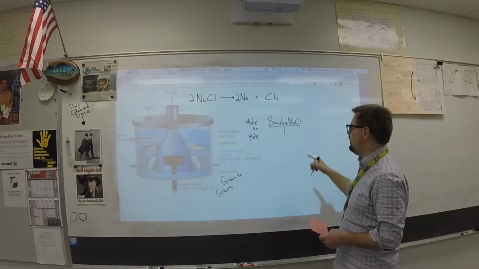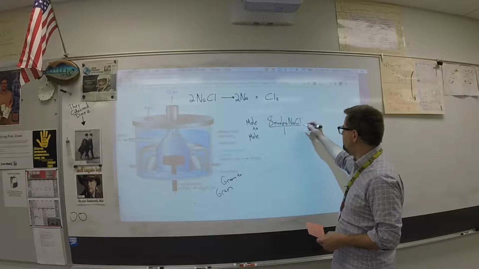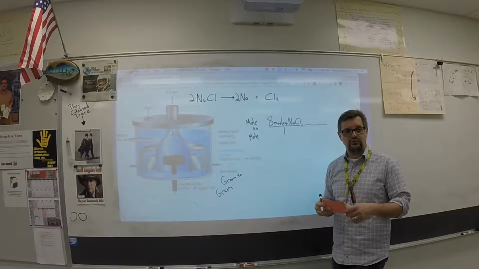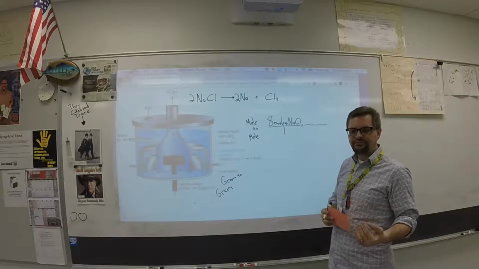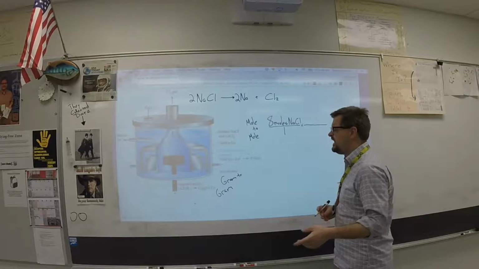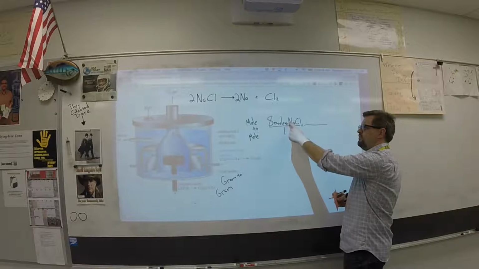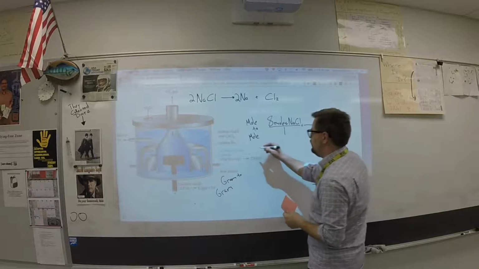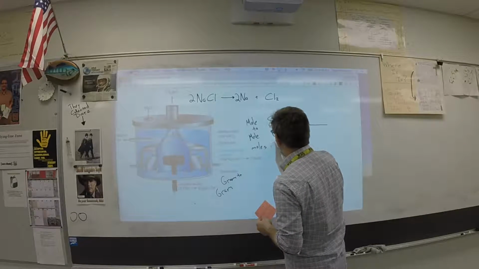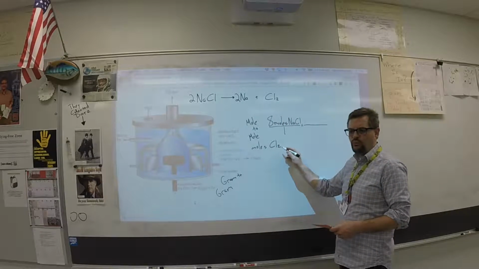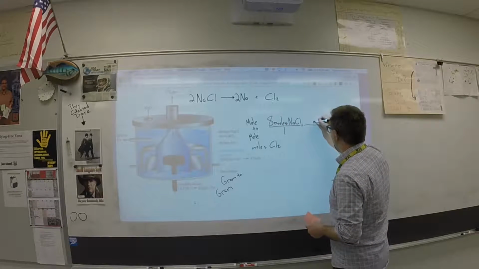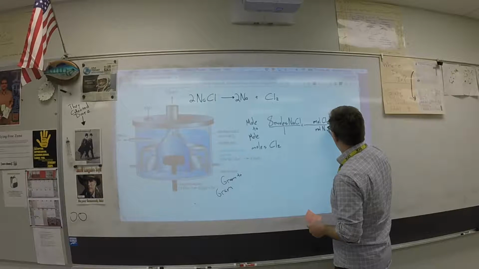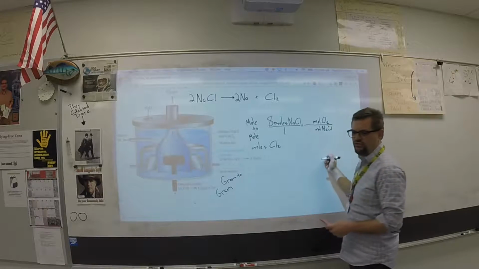So what we'll do here is put the given amount over 1, and we're going to do this using the factor label method. Again, factor label: the units you're given, you put over 1. The idea then is to convert from our given units to our desired units, and our desired units are moles of Cl2. So in this next fraction we'll put moles of Cl2 over moles of sodium chloride, NaCl.